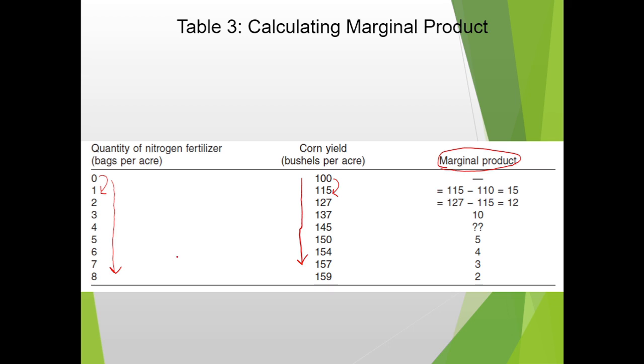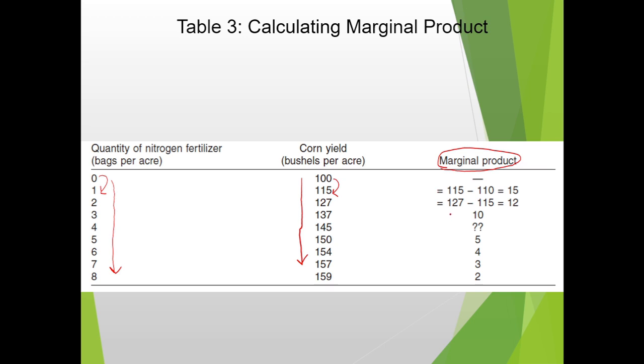So that is your marginal product. When you increase the input by 1 unit, whatever the increase in the total production is because of the use of that one additional unit of input, that is your marginal product.